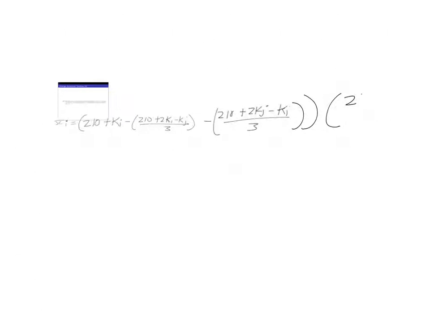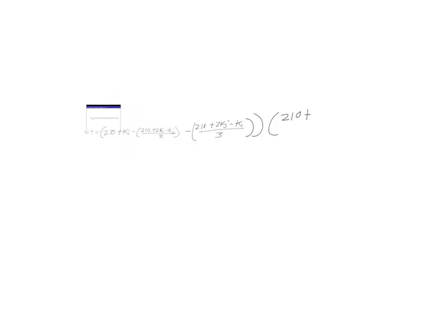multiplied by (210 plus 2Ki minus Kj) on 3, minus Ki squared.